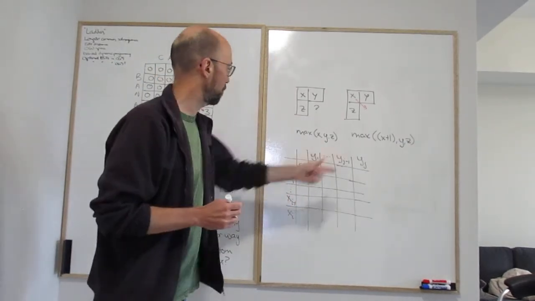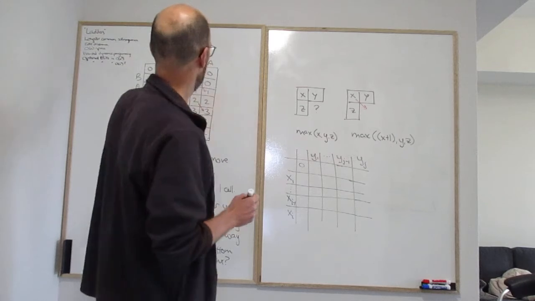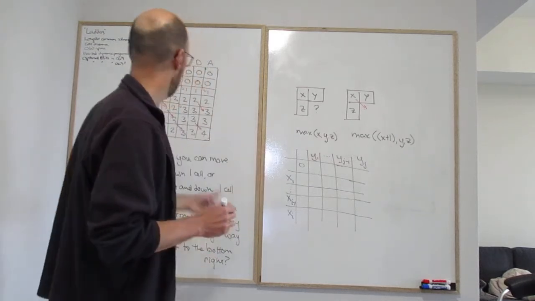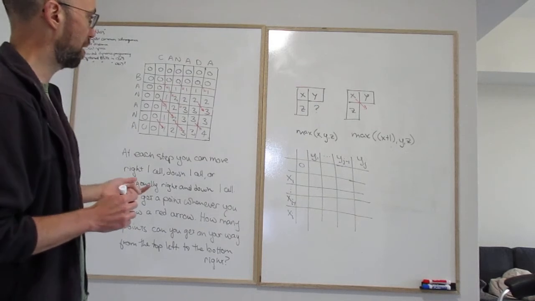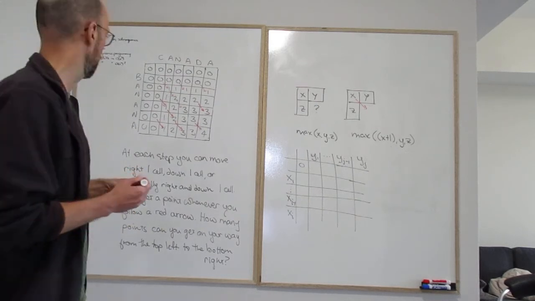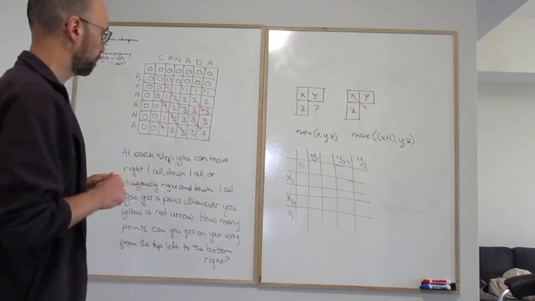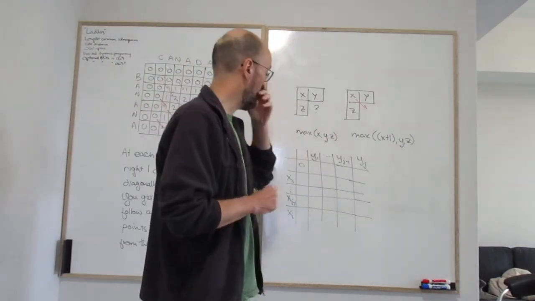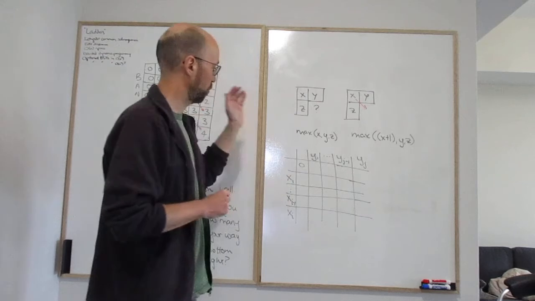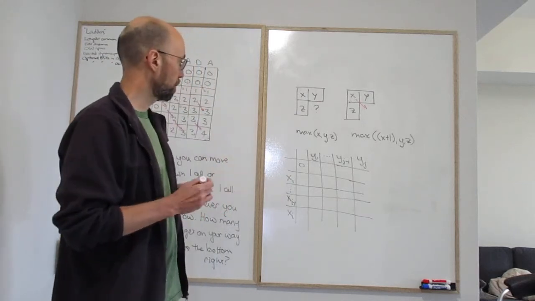So y1 to yn can be Canada, and x1 to xm, they happen to have the same length in this case. M and n both happen to be 6. But you can think of this as banana if you want.